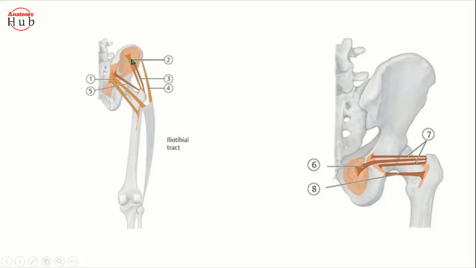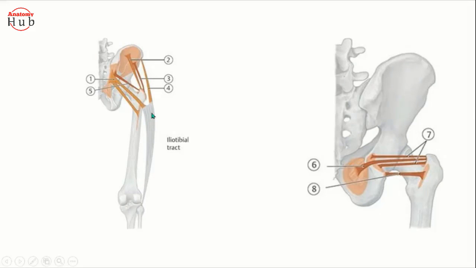One we will say is the upper fiber, and one is the lower fiber. The upper fiber of the gluteus maximus muscle actually takes insertion at the iliotibial tract, right? So here you can see this is your iliotibial tract.